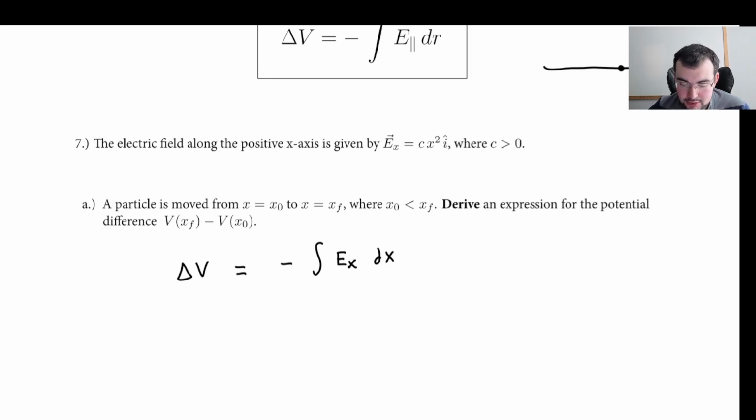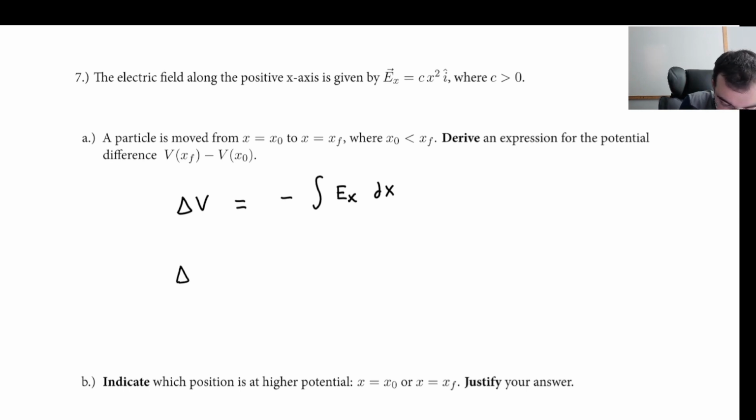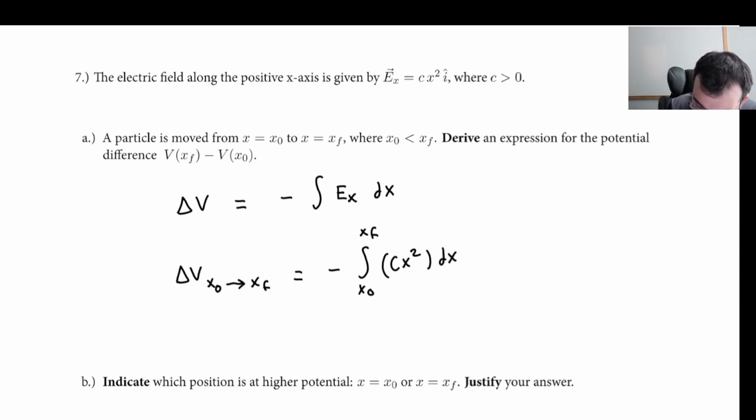So I denote that as follows, where I go from x0 to xf. And notice this also shows up in your integral bounds. And you don't need the vector. We just need the magnitude here. The dx takes care of that for you, understanding that this is in the x direction.